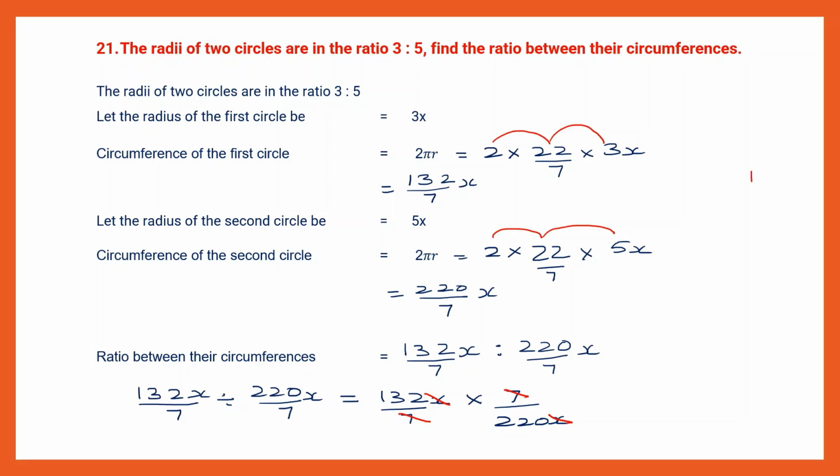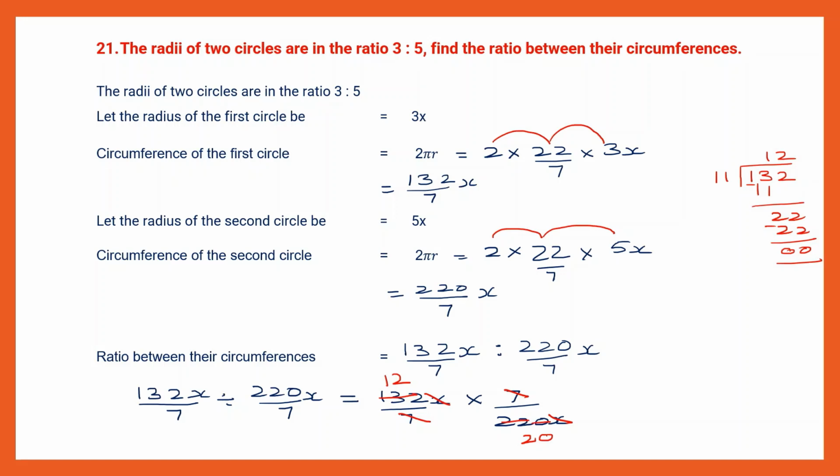Now we can do that division separately also. And let's try. Divide this by 11. 11 ones are 11 minus, 22. 11 twos are 22. Okay. So 11 into 12 is 132 and this is easy. 11 twos are 22 and the 0. So 12 by 20.